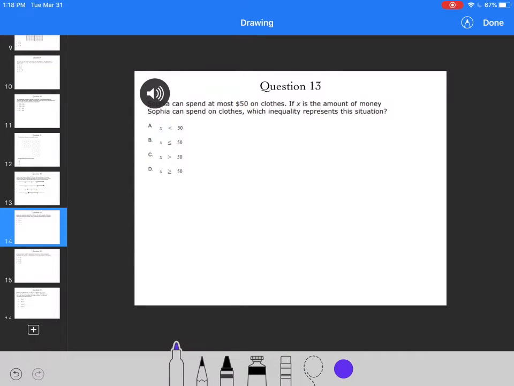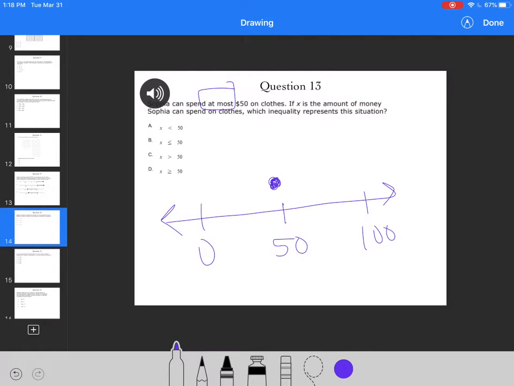Sophia can spend at most, so that's the important thing to have, at most $50 on clothes. If X is the amount of money she can spend on clothes, which inequality represents that situation? So I'm just going to draw myself a quick number line. Put 50 on there, put 0, put 100. So at most, that means that includes the 50.